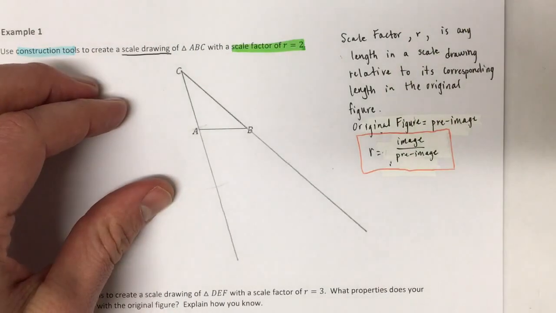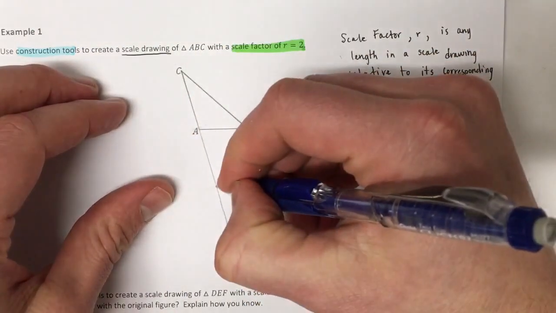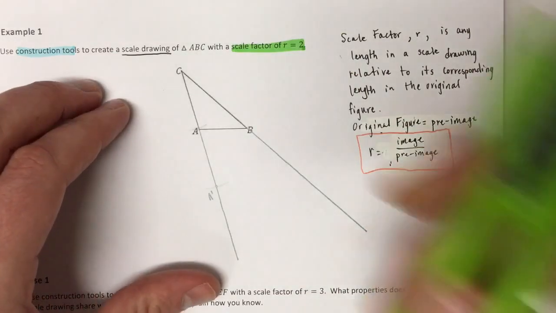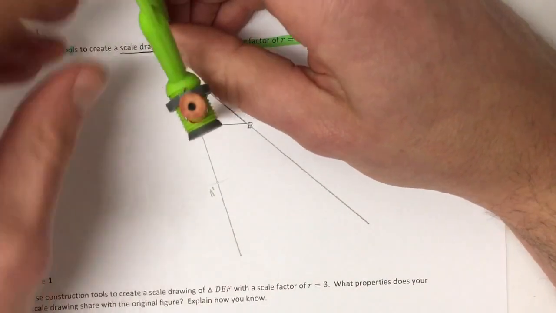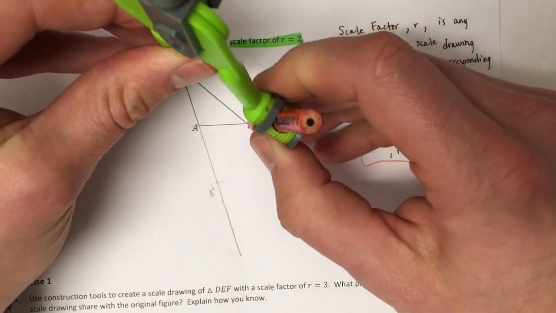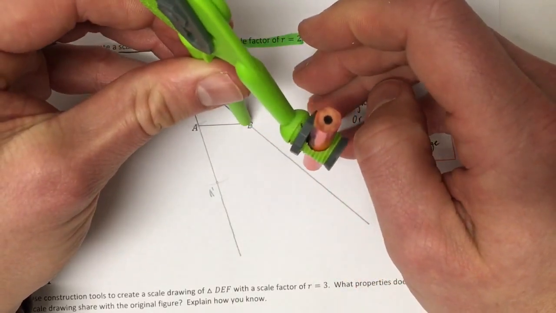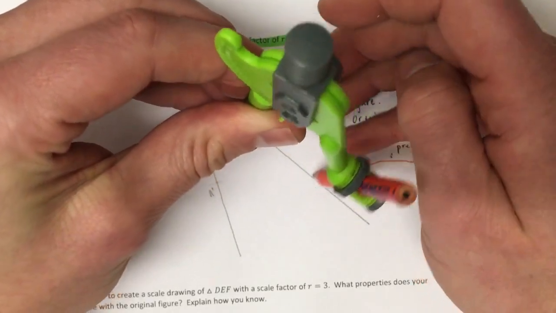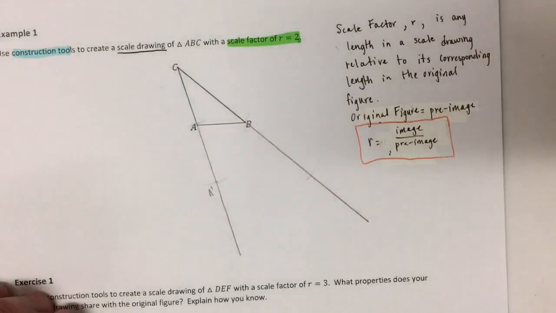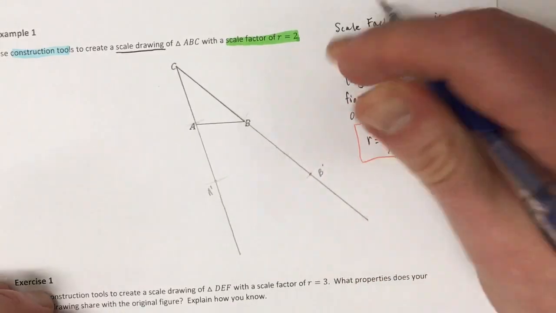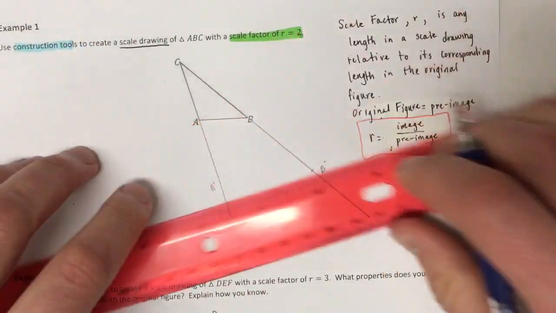And so this will give me the point where I have A prime. I can do the same thing for CB. Come down, mark that distance off. And now this will give me B prime, and then just connect the two.